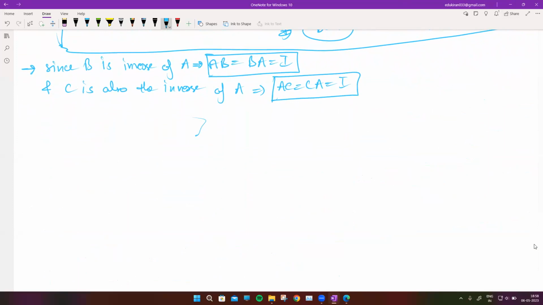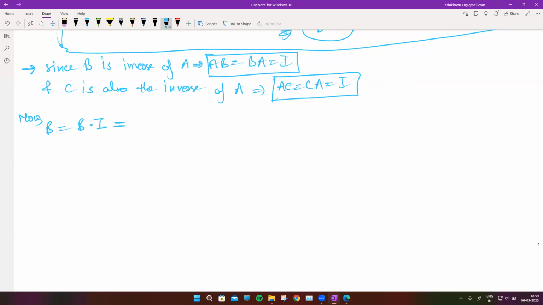And we are also saying that A and C are inverse of each other, so AC is equal to CA is equal to I, right? Now we can write B as B into I, because I is just like 1. I've already told you, if you multiply I with someone, it is the same matrix. So we can write B as B into I.